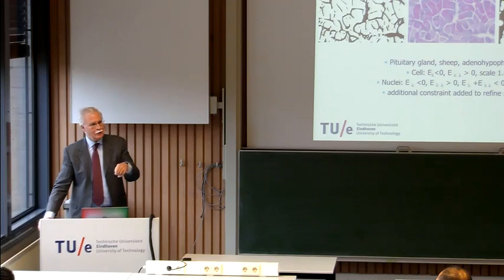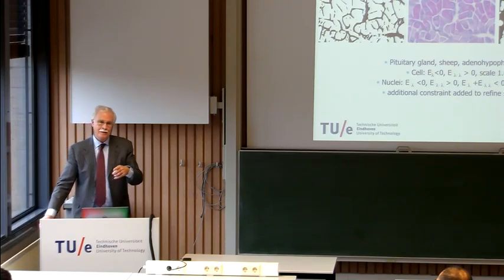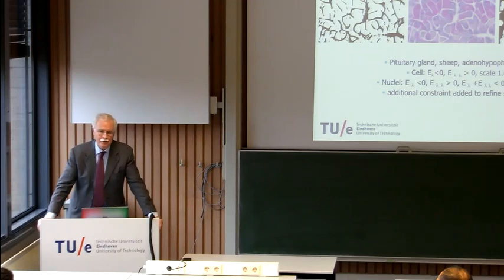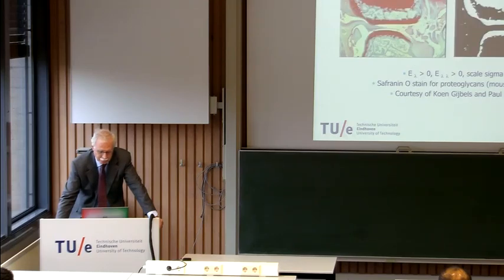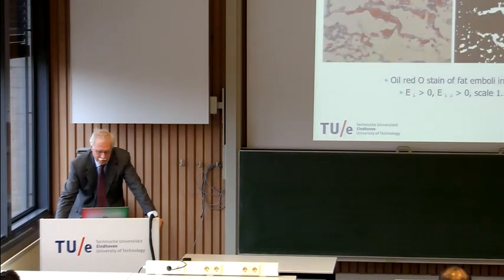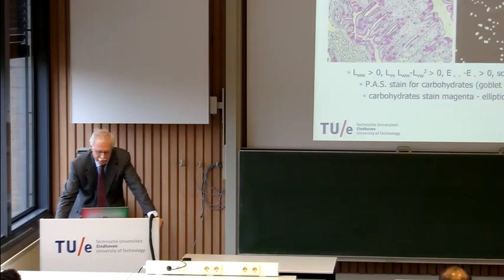But if you really want to look under the hood at what's happening, we see that we have now added a new differential structure. So we not only look at edges, corners, and derivatives, we look at spectral derivatives. So now you can do different types of staining, where you want to find only specific color differences.